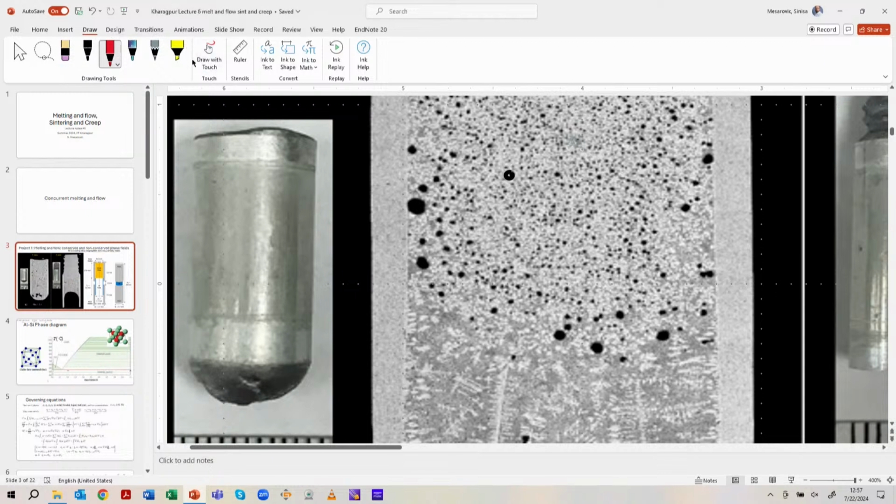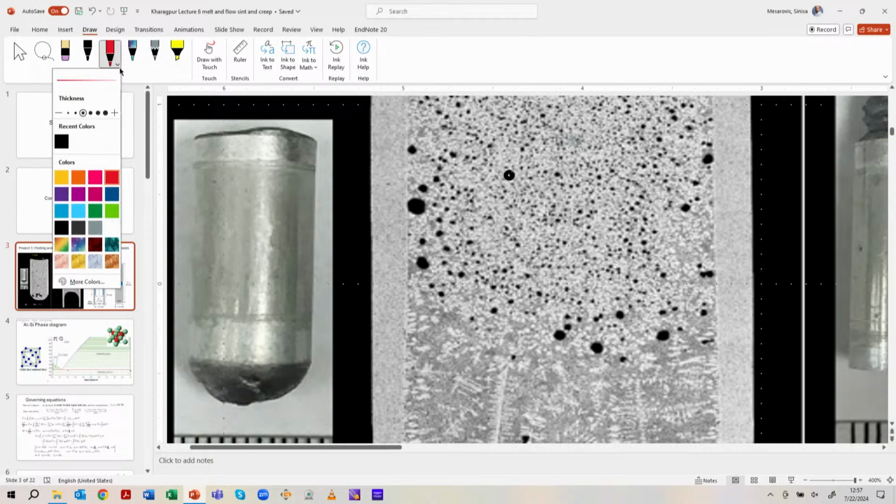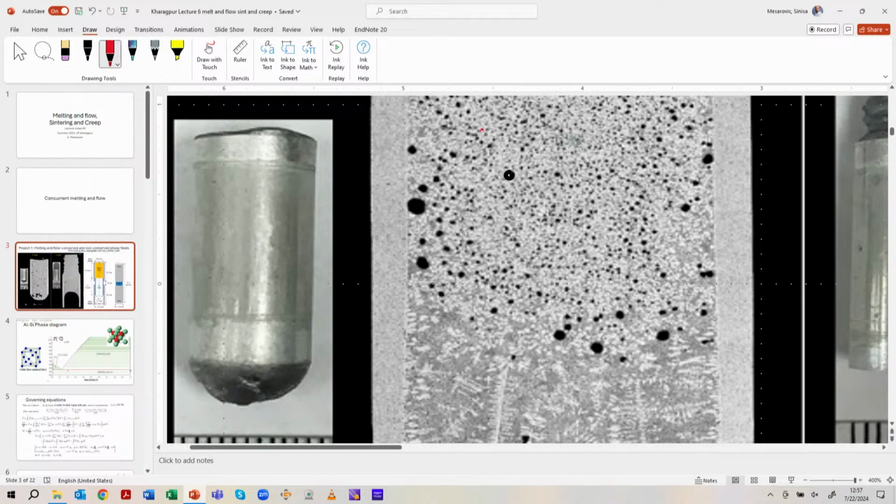Okay, let's do the smallest line. So this is unmelted grain here, and this one, and this is a series of unmelted grains here.